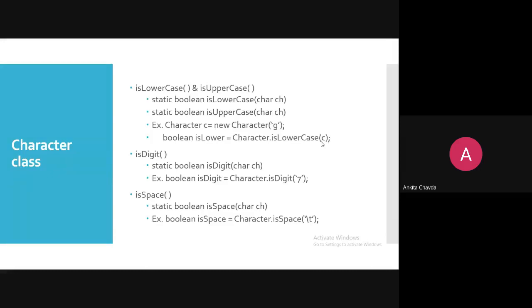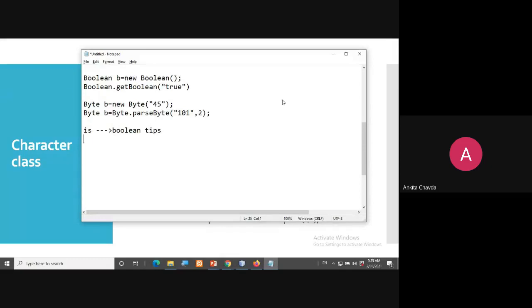Then another method is isDigit. Because in a character you can provide anything, no? Say suppose I'm having this character C1 is equals to new Character. In the single quotation I can give either A to Z, the alphabets, or I can even provide 0, or I can write 1 or 2 or something like this. So I can even provide digits over here. Now I'll check whether this one is a digit or not.